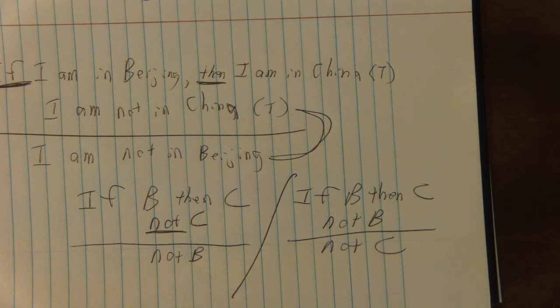But notice you could use the one I already gave. If I'm in Indiana, I'm in the US. That's clearly true. I'm not in Indiana. Obviously true. I'm in Ohio. Does it follow that I'm not in the US? No, I'm still in the US. So this form is invalid. So order matters, as do the nots.